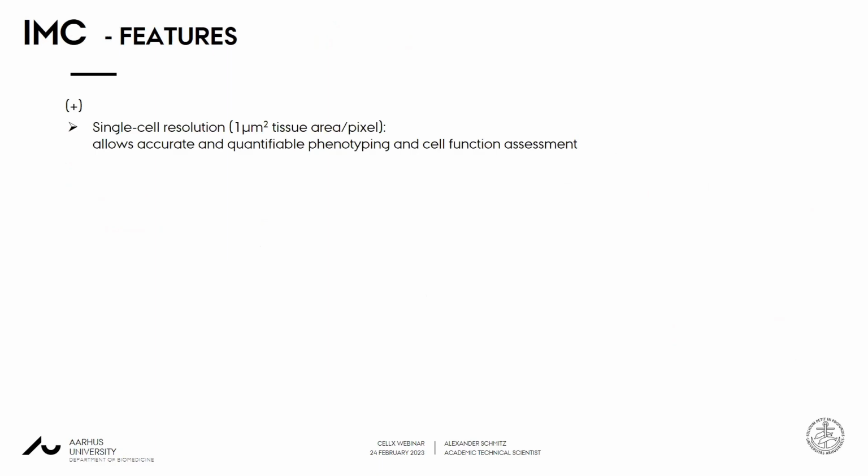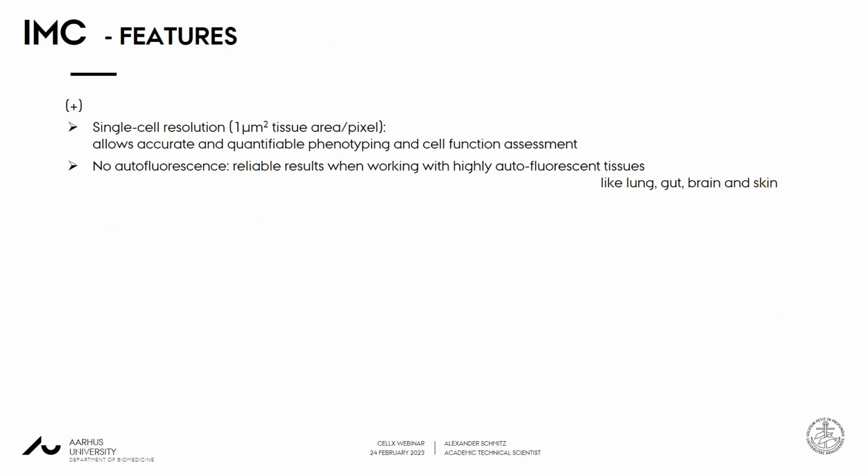With this slide, I would like to summarize the features of the IMC. I'm focusing just on the IMC now, and I sometimes call it the commercial slide because it lists all the good things about the machine. It has single cell resolution, so you can ablate 1 square micrometer of tissue, and this gives you 1 pixel of your image, thereby allowing accurate and quantifiable phenotyping and cell function assessment.